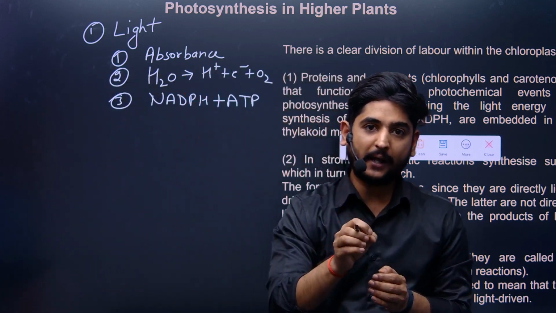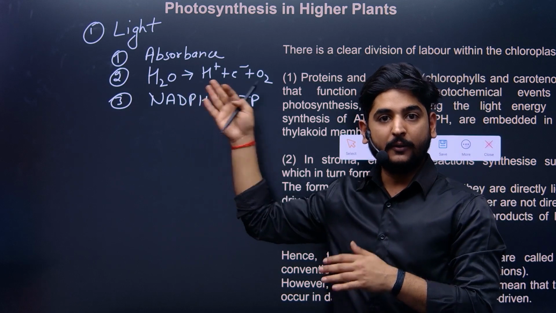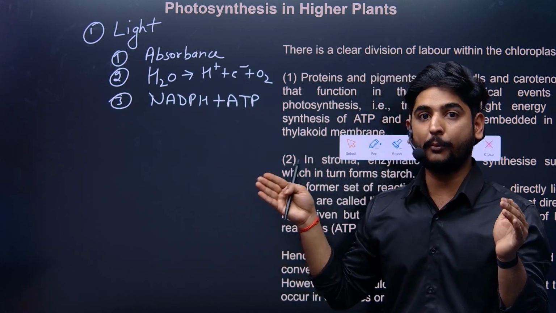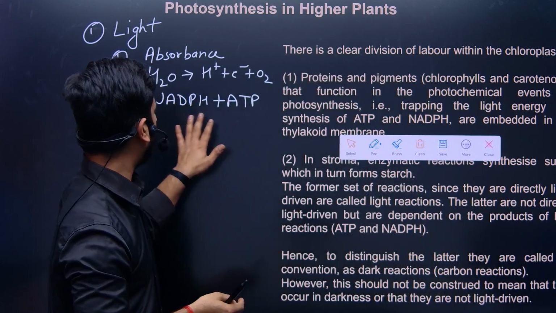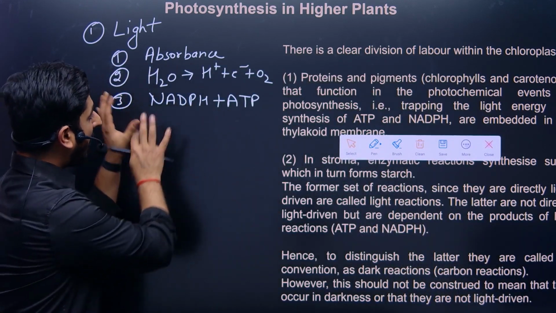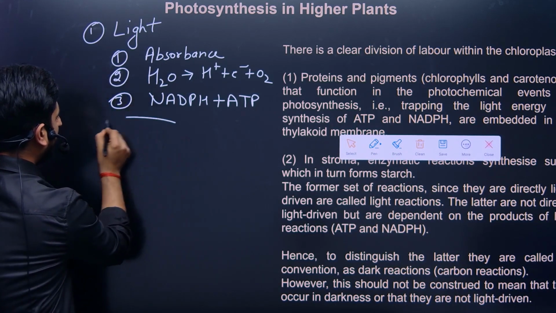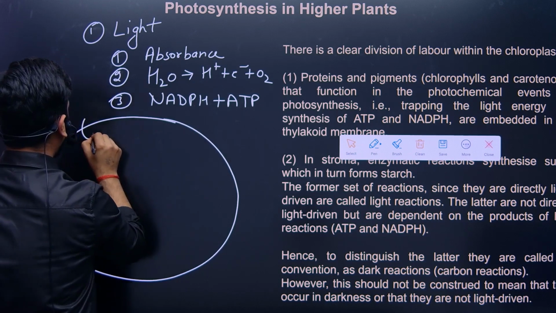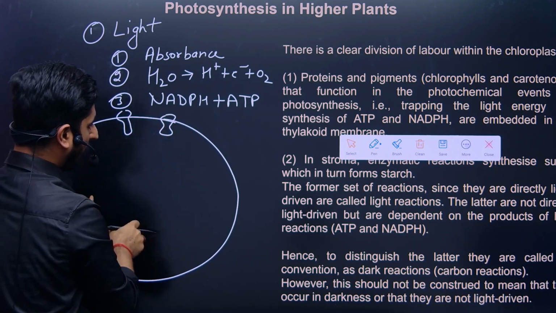You will absorb light, you will use that light energy to split water, you will use those protons to generate an electrochemical gradient or a proton gradient, and then you will use that proton gradient to generate ATP and NADPH. So this part of the reaction, known as the light reaction, occurs specifically in the thylakoid membrane. This is the thylakoid.